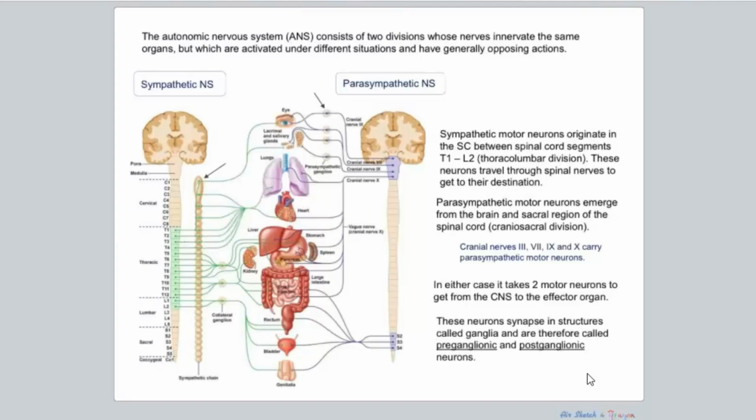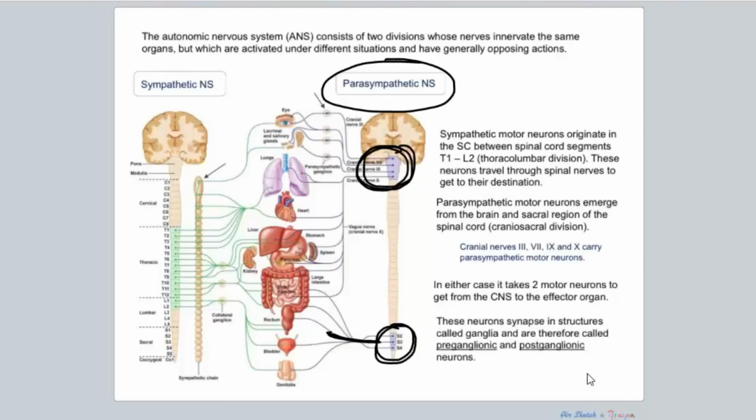The parasympathetic motor neurons, this is the parasympathetic division over here. These motor neurons originate from the brain and the sacral region of the spinal cord. So these motor neurons from the sacral region are traveling through spinal nerves. But what about these motor neurons that are originating from the head, from the cranial region?